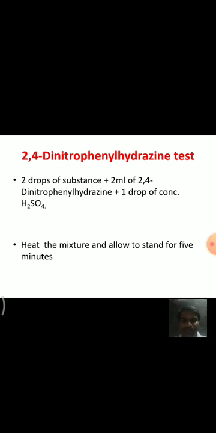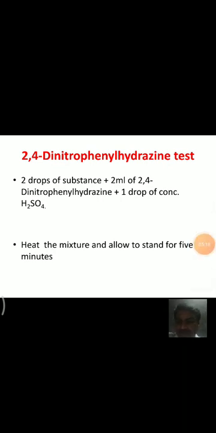Then we have to add 2 ml of 2,4 dinitrophenylhydrazine. Along with it, we have to add one drop of concentrated H2SO4. We know the role of acid in these reactions.